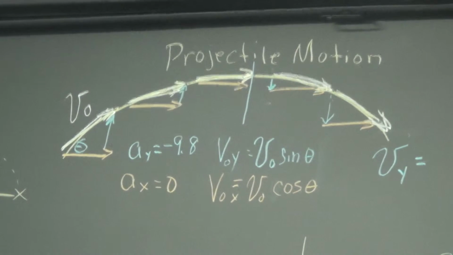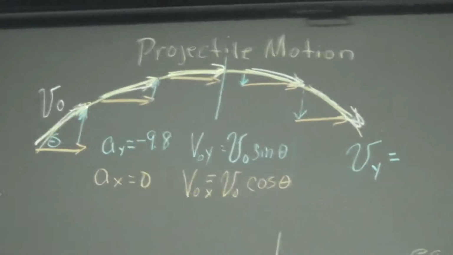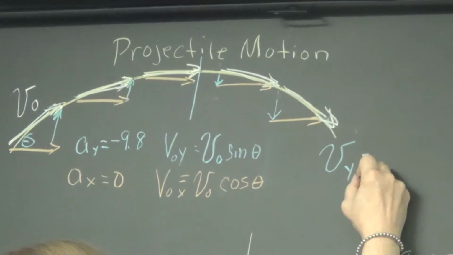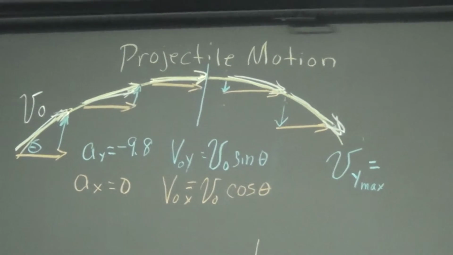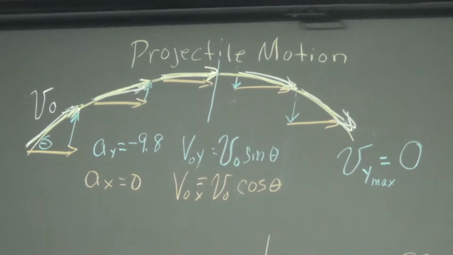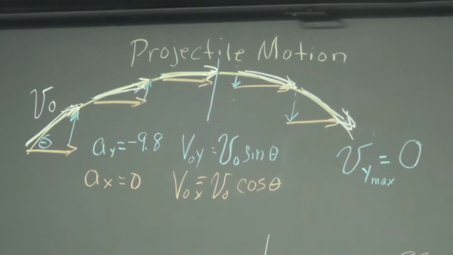The final velocity, if we're cutting it off at the max point. Velocity y at the max is 0. Yes, right. So if you understood all of those pieces that are up there right now, you can do all of the problems. Those are the main highlights of what we learned.